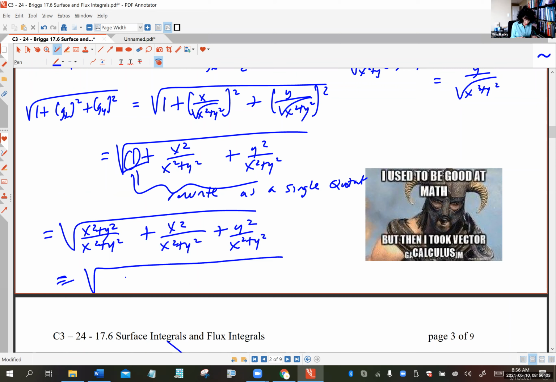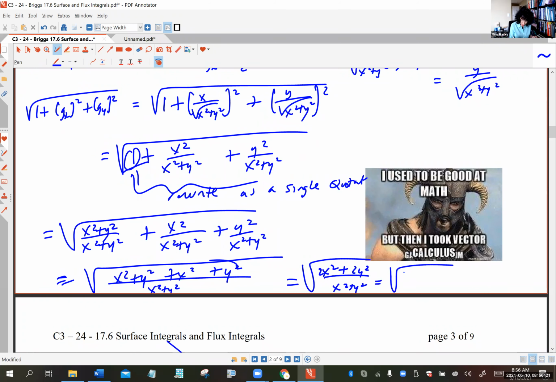So then I add up everybody's numerators. I've got some like terms in the numerator: 2x squared plus 2y squared. If I factor out a 2 from the numerator, then I can reduce this to lowest terms, and I just get square root of 2. That's perfect.